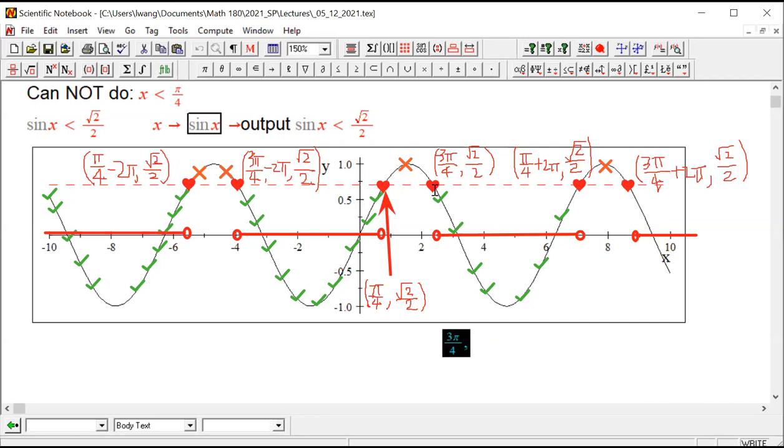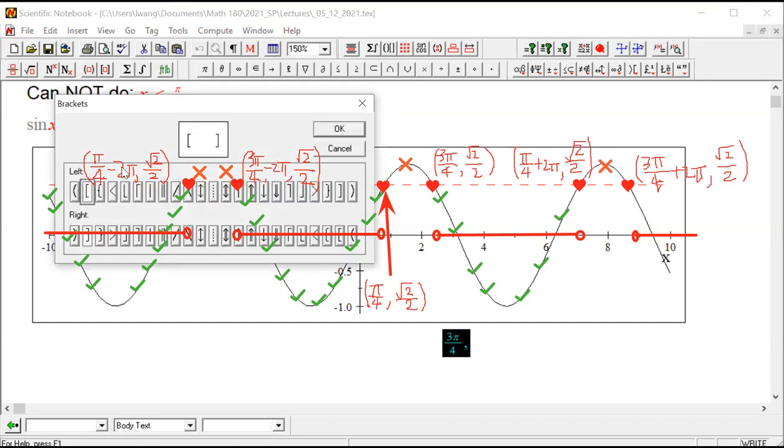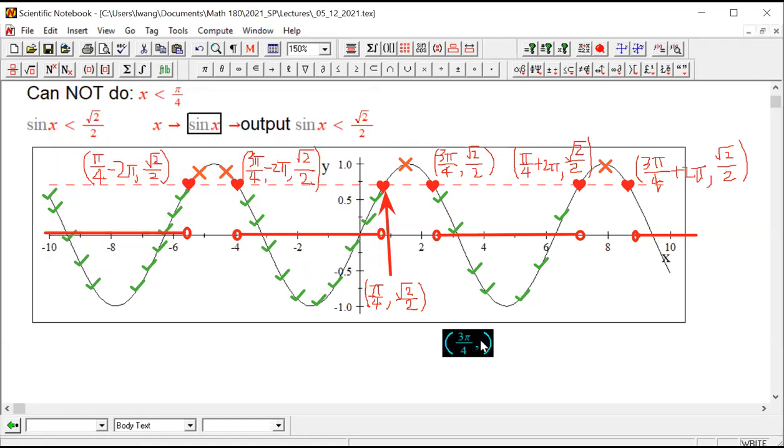My bad. 3π/4 to π/4 plus 2π. Just leave it like that.